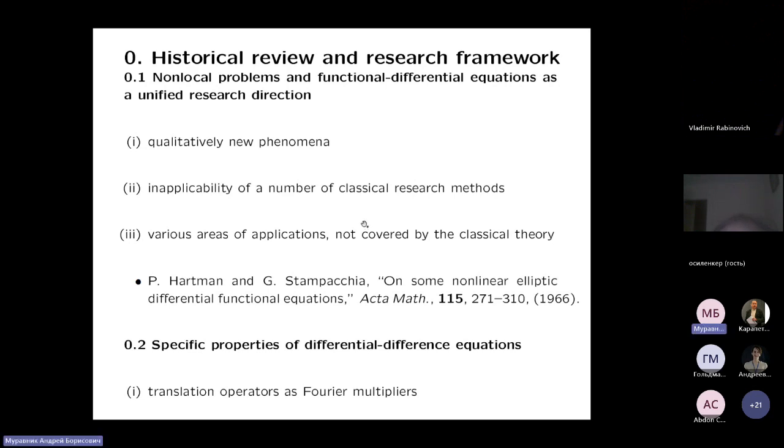Now we forget about functional differential equations as a whole and continue to discuss only differential difference equations. What are differential difference equations? They are equations containing, apart from differential operators, translation operators. What are the specific properties?